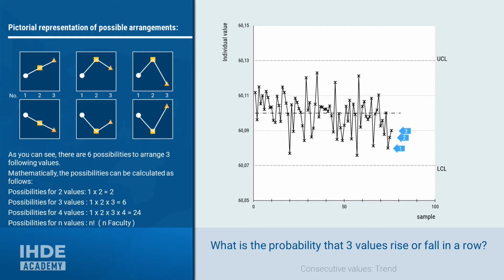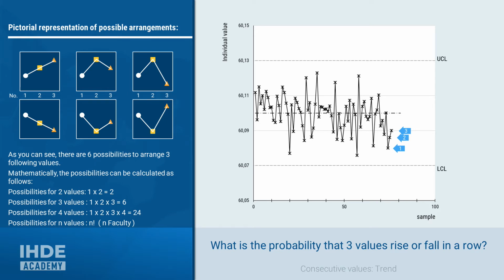The number of possibilities is calculated mathematically as described below on the left. Two values can be arranged in two different ways, calculated by 1 times 2. Three values can be arranged in 6 different ways, calculated by 1 times 2 times 3.